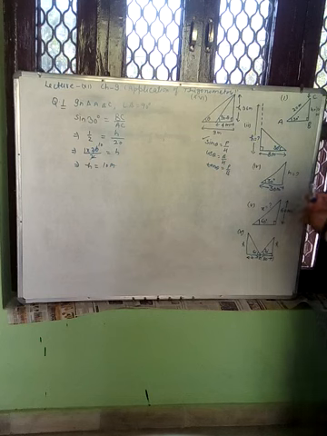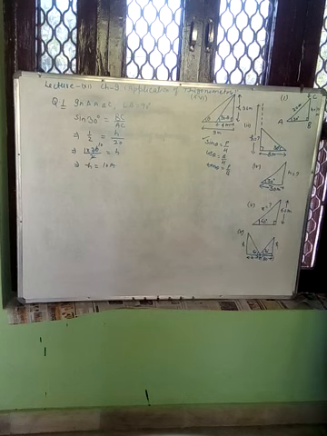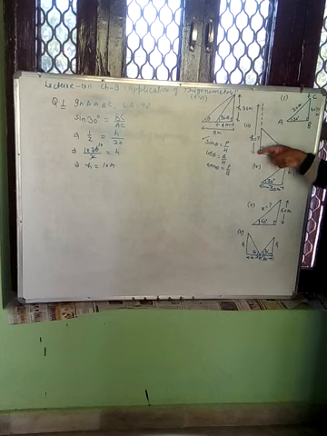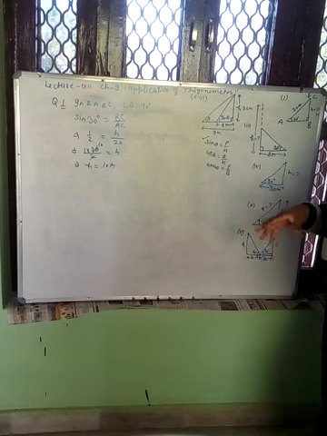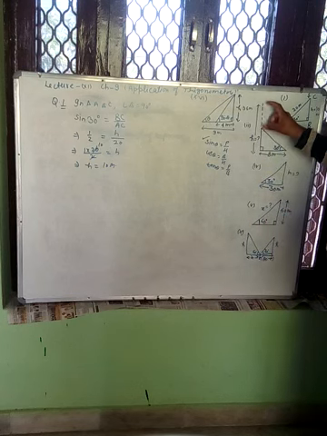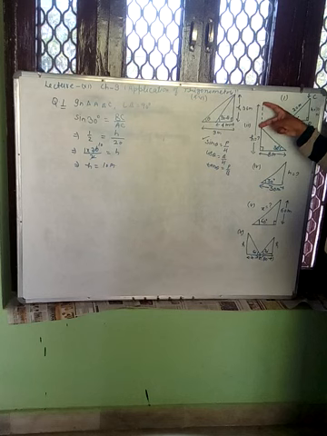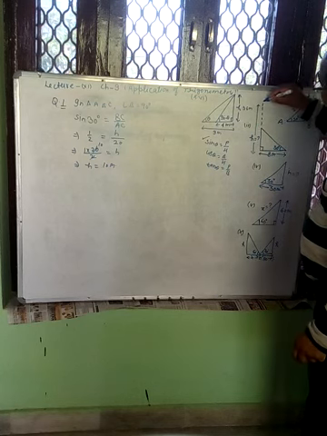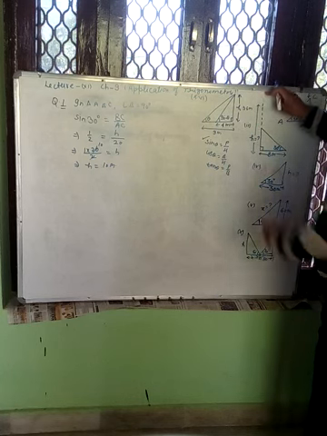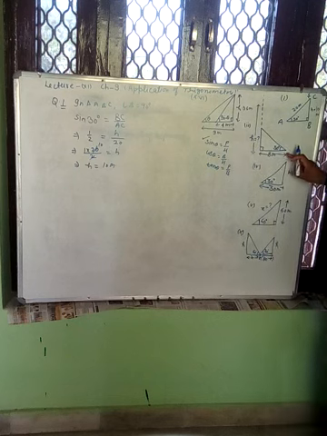Okay. Now we discuss the next question. The next question is about the height of a tree, and a storm starts. Then this tree breaks from here and touches the ground.